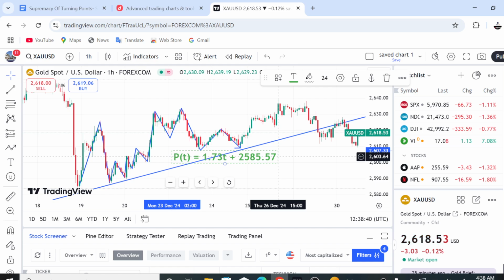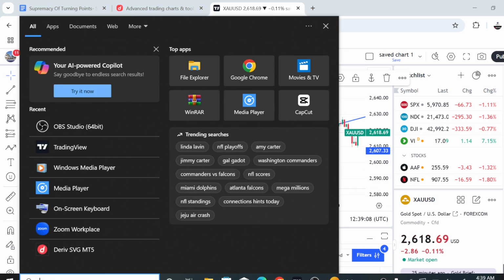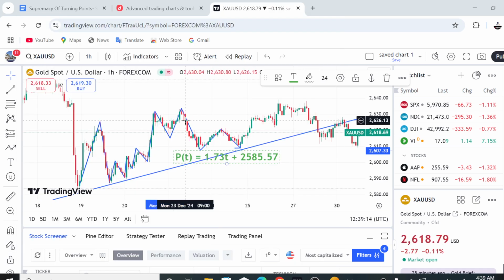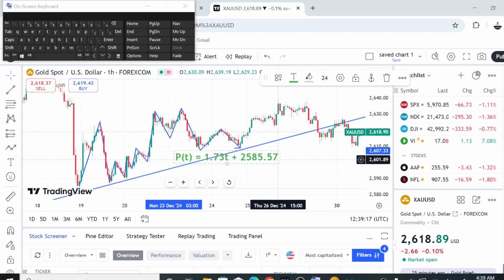Let's put this, okay. It seems we need the on-screen keyboard, and then we have, so we really want to put the greater than sign here.